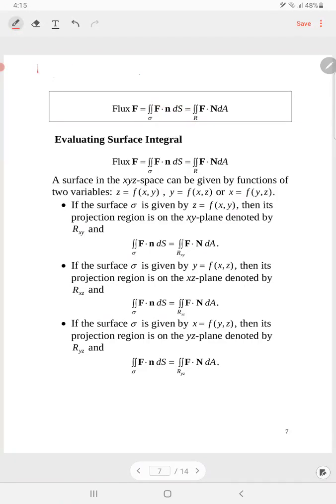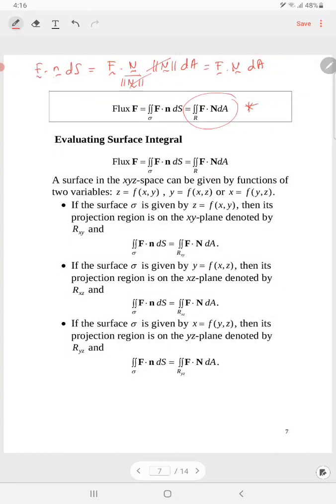F dot unit normal vector dS: we know that the unit normal vector is the normal vector divided by its magnitude, and dS is the magnitude of the normal vector times dA. When we simplify this, we get F dot normal vector dA. That's how we get this formula. So this is what we're going to evaluate. That is how we measure the flux of F.